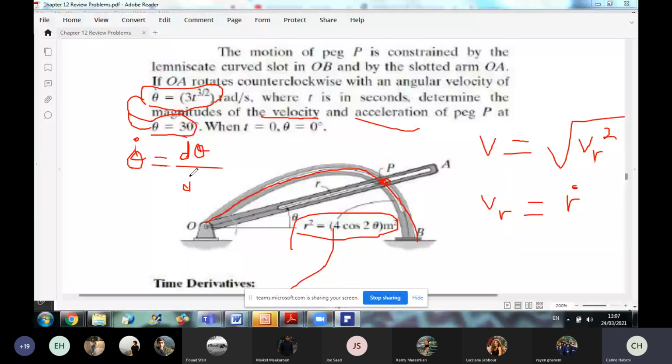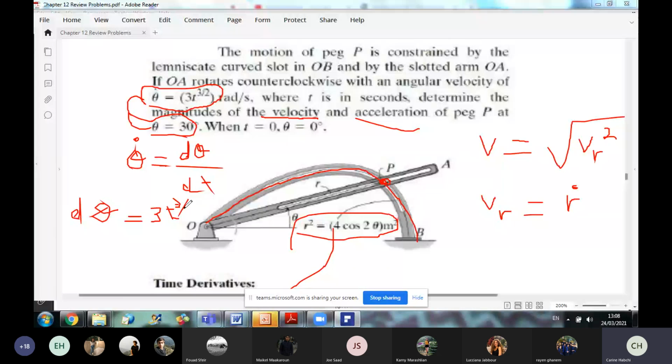Since theta dot is d theta by dt, I can separate variables. So I can write that d theta is equal to theta dot times dt, and theta dot is 3t to the power 3/2. So I replace 3t to the power 3 over 2 times dt.